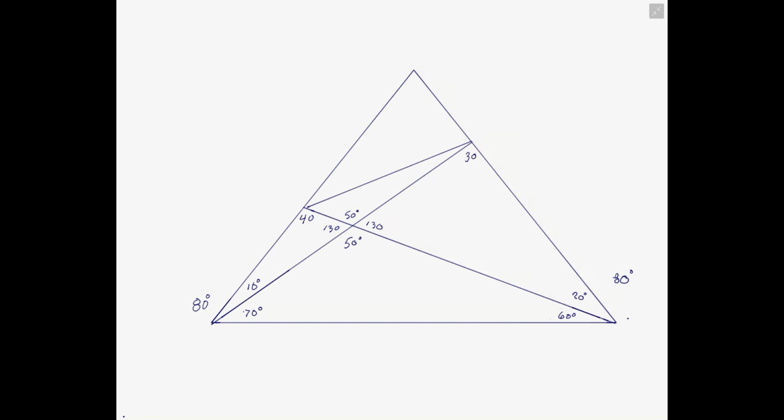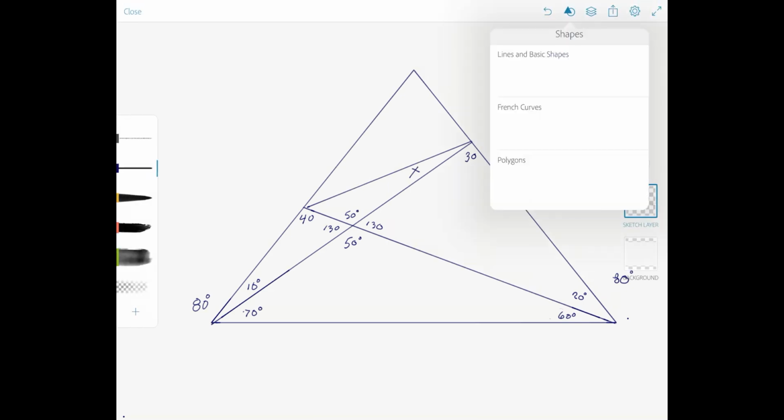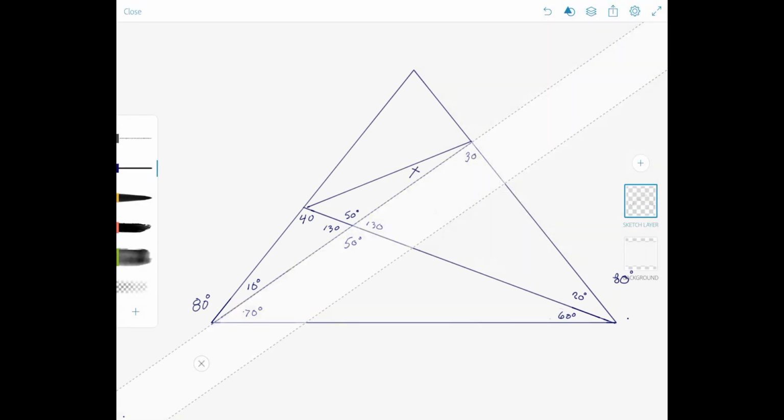So, given that, we know that we've got 50 degrees here. We got 50 degrees there. This is 130, because 50 plus 130 is 180. And we have sum of 140, so this is 40.